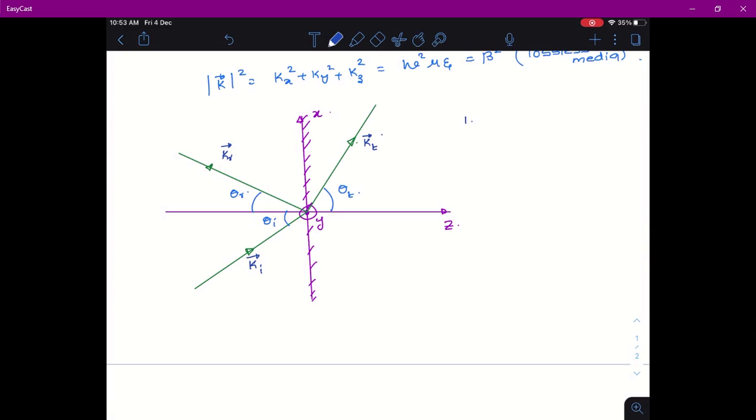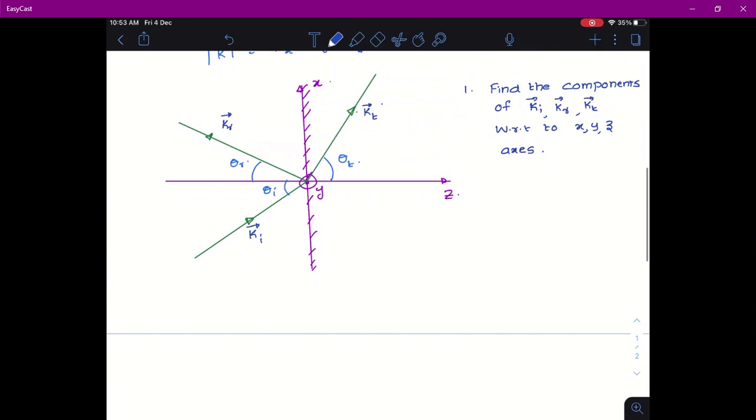So, the first step is to find the components of ki, kr and kt with respect to x, y, z axis.